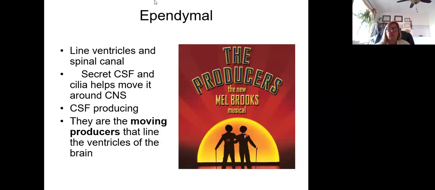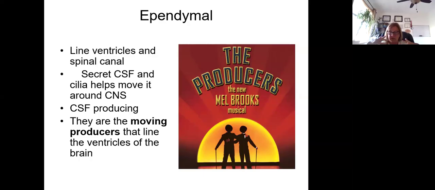Okay, so then we have the ependymal cells. These are the producers. They line the ventricles of your spinal canal and they secrete CSF, and cilia help move that CSF around in your central nervous system.